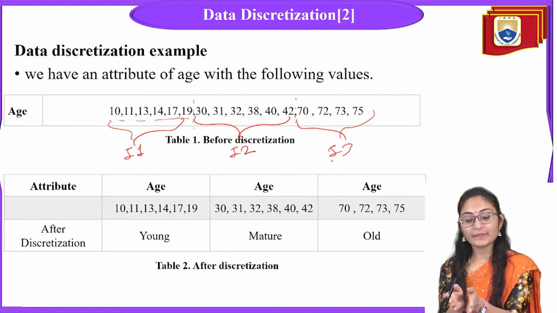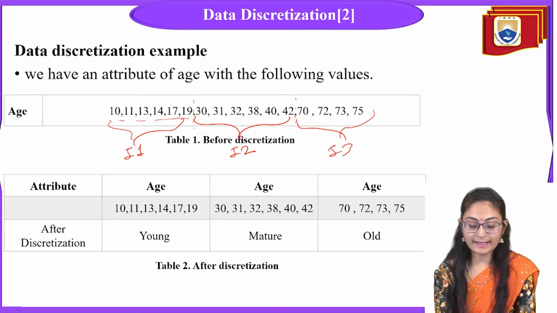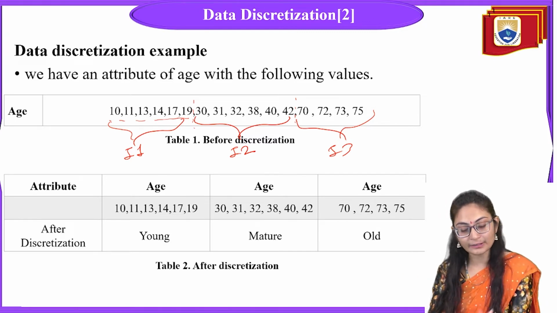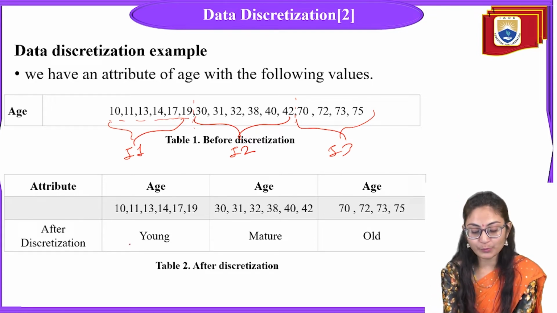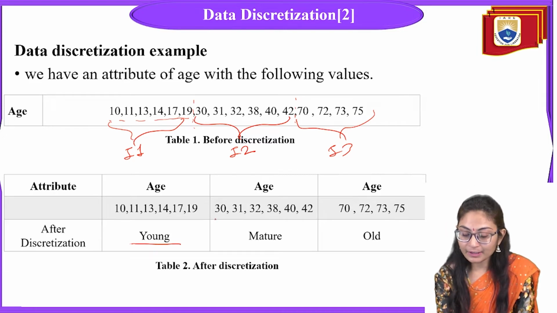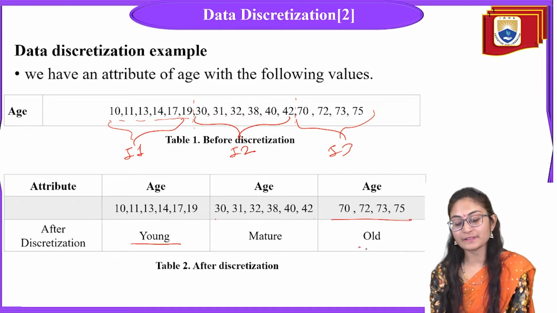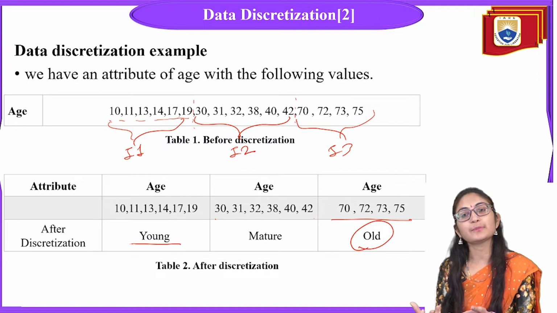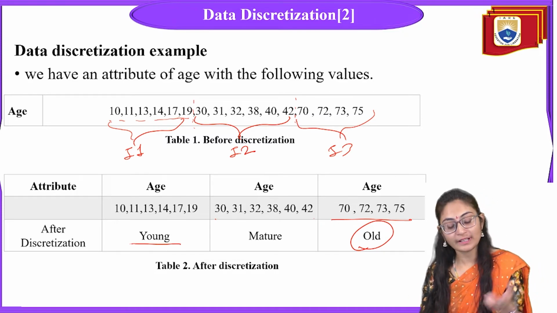Now I have to give some interval labels. I decided that after discretization these relate to age. So I kept the attribute young: 10 to 19 are included in young. Then 30 to 42 should be mature, and 70 to 75 is old. That means I used interval labels young, mature and old.